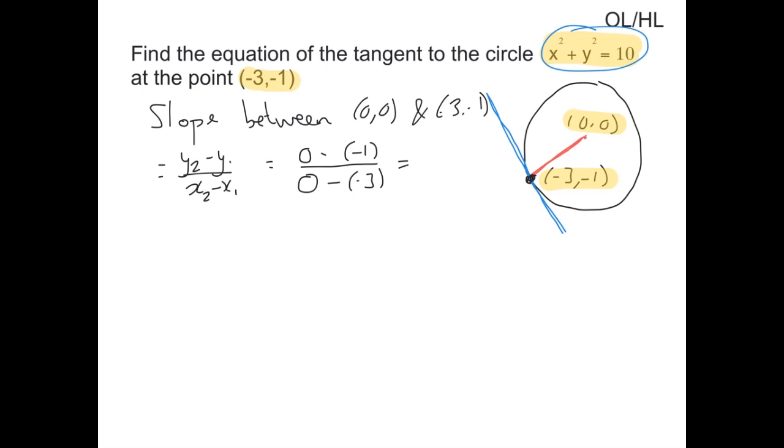And that gives us a slope of 1 over 3, 1/3.